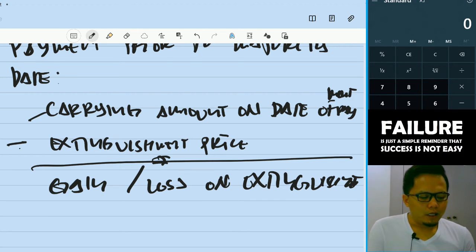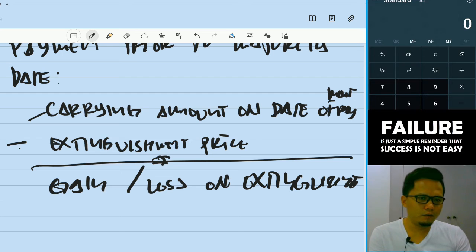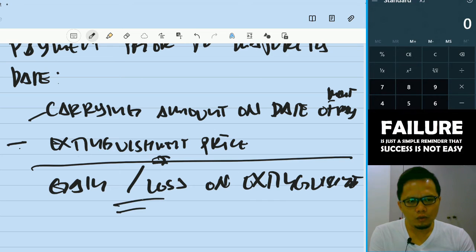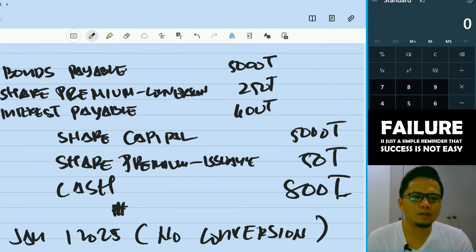For convertible bonds, prior to maturity date, the extinguishment price that we are to use in computing the gain or loss is not the full extinguishment price or the full payment price.